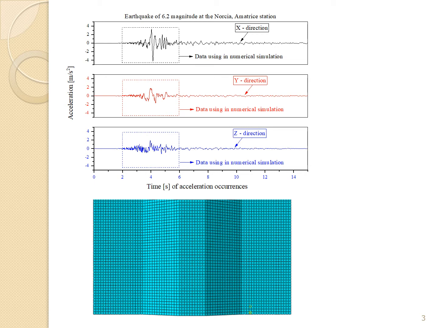And the next picture shows the mesh from the top view of the embankment and subsoil. This kind of mesh is used for simulating the impact of the seismic load on the model.